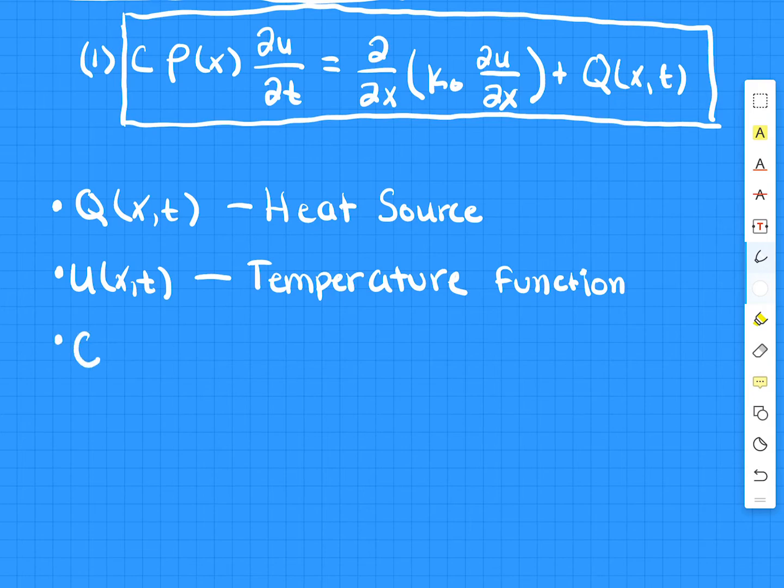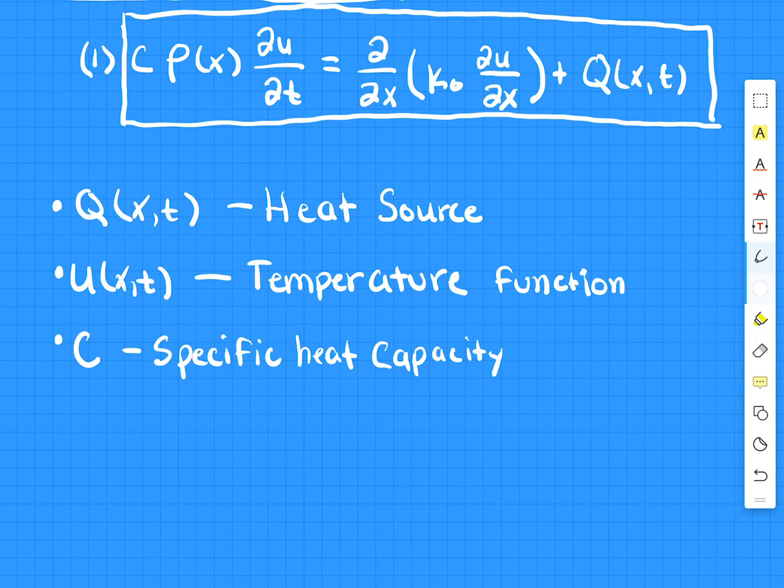C is known as the specific heat capacity. This parameter deals with essentially how much energy a certain mass of a material, or an element, or whatever you might have, can store as heat before its temperature is raised.